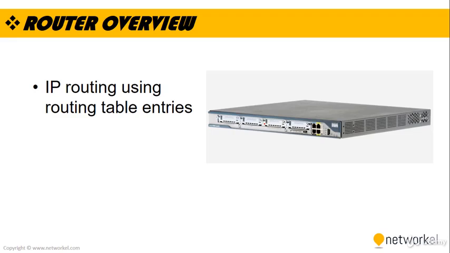Let's take a look at routers now. A router is a layer 3 network gateway device, meaning that it connects two or more networks and operates at the network layer of the OSI model. The main function of a router is IP routing using the routing table entries.